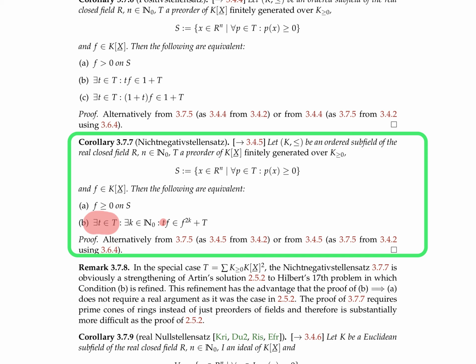You would use one Gram matrix for this if this is just sums of squares, and one Gram matrix for this. That wouldn't be a problem. With f to the 2k might also be kind of a problem, but let's ignore this for a moment.